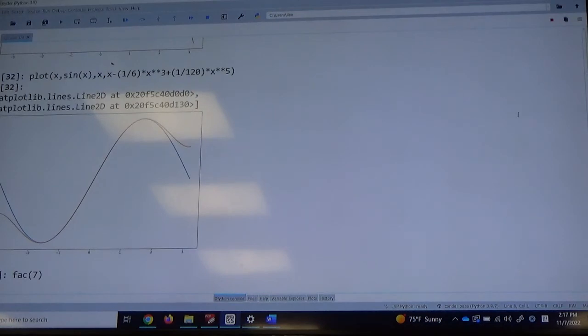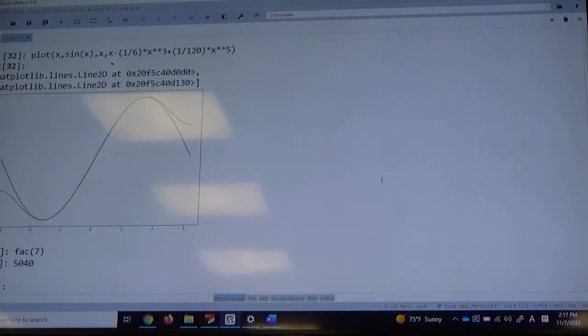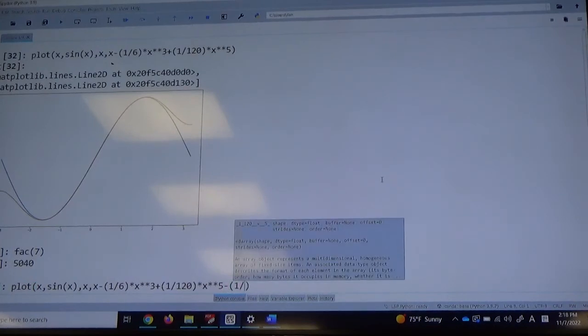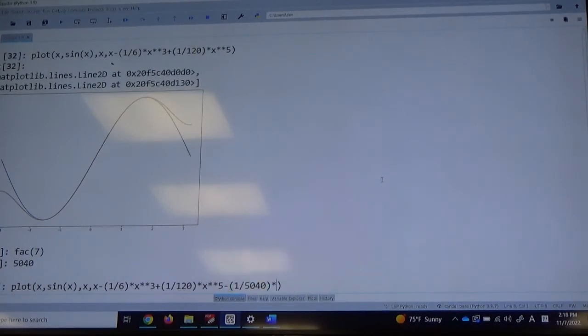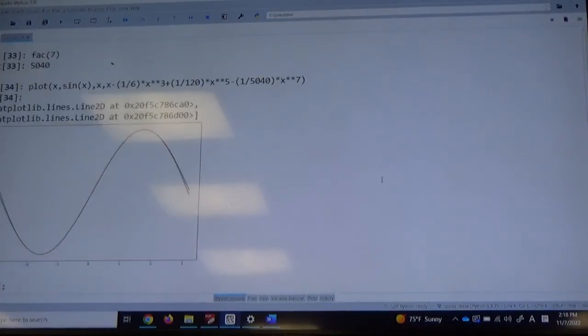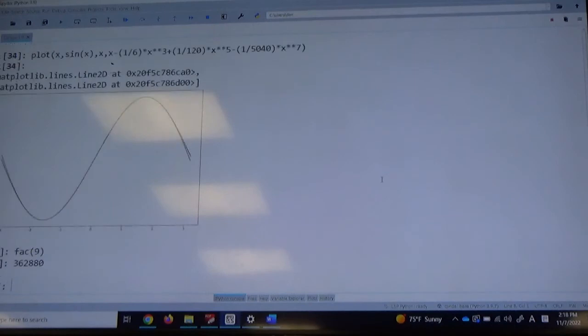Now, I don't know the factorial of 7, so let's use this. 5,040. Okay, so now I'm going to subtract 1 over 5,040 times x to the 7th power. Oh, now it's very close, right? Let's do one more. Factorial of 9.